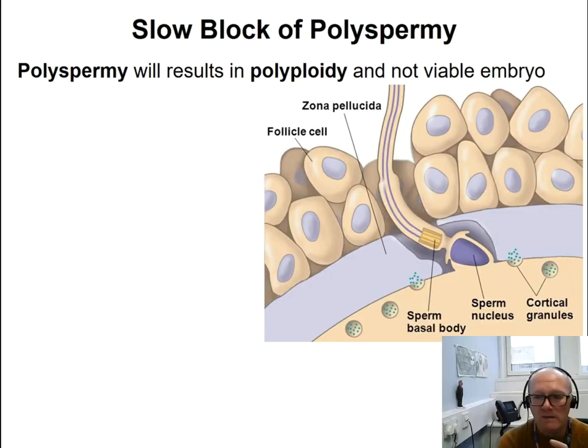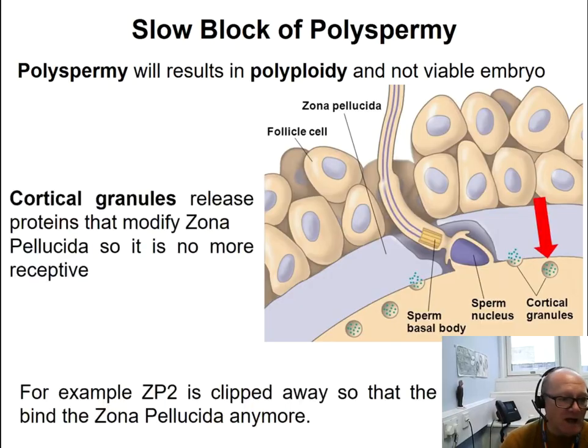These cortical granules contain enzymes that digest the zona pellucida. In particular, they digest zona pellucida protein 2 and release it from the zona pellucida matrix. In this way, the zona pellucida matrix detaches from the membrane of the egg. So any other sperm that is able to bind to the zona pellucida cannot reach the membrane of the egg.